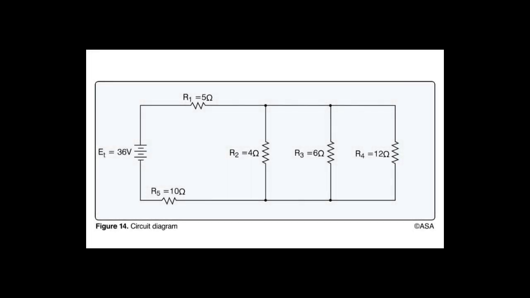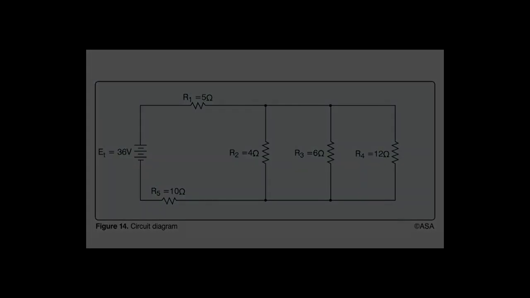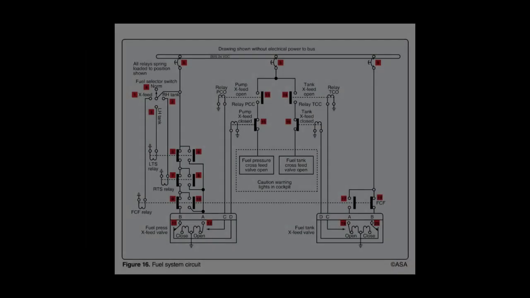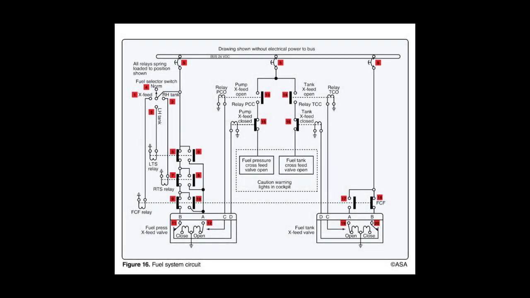Refer to Figure 14. The total resistance of the circuit is 17 ohms. Refer to Figure 16. Energize the circuit with the fuel tank selector switch selected to the left-hand position. Using the schematic, identify the switches that will change position.